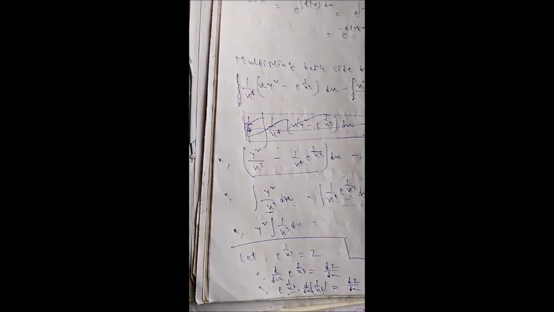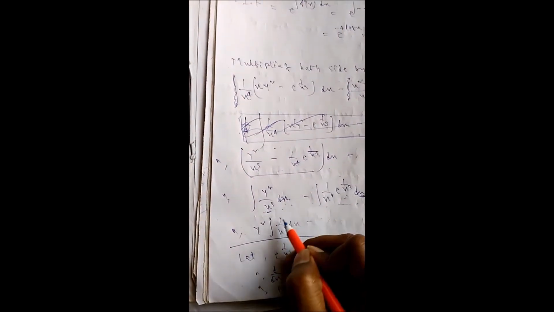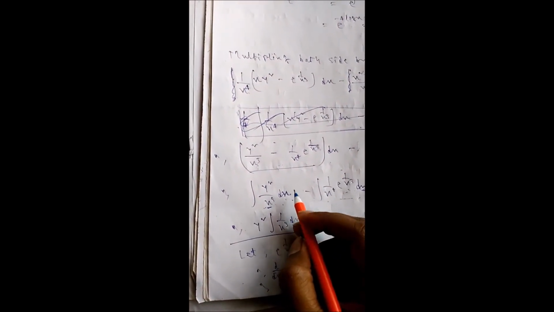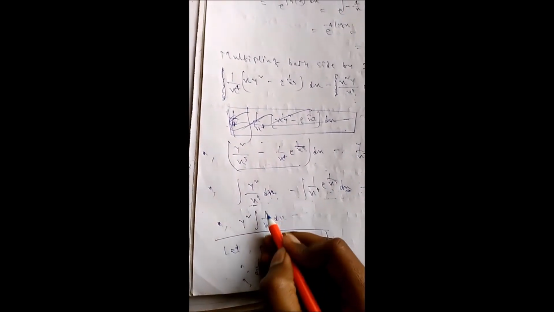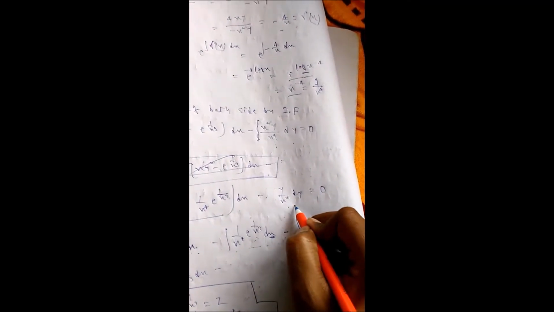By integrating, here the integration is partial integration with respect to dx. So y square is constant, and y square into 1 by x cube dx minus, here you see, nxy. What is nxy?